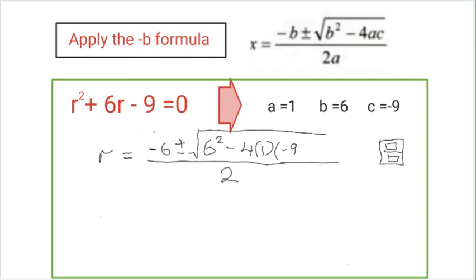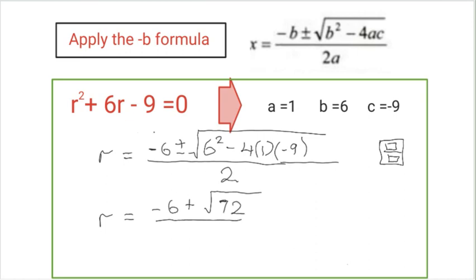So r will be equal to minus 6 plus, so if we get 6 squared with the minus 4 by the minus 9 by the 1, which is the square root of 36 plus 36, which is 72, all over 2.